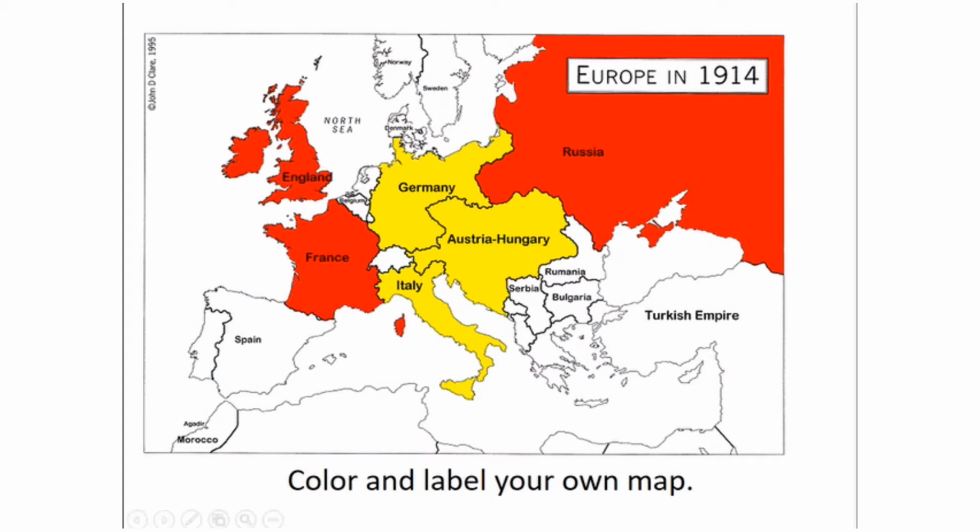Russia, a huge, incredibly powerful but poor empire, a very weak army but huge in numbers, is starting to get very, very worried. And they make sort of flirting glances at France and say, look, they've made an alliance.